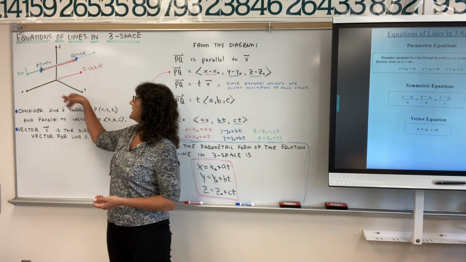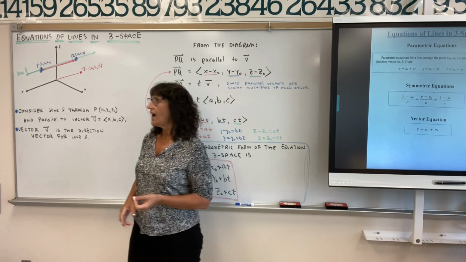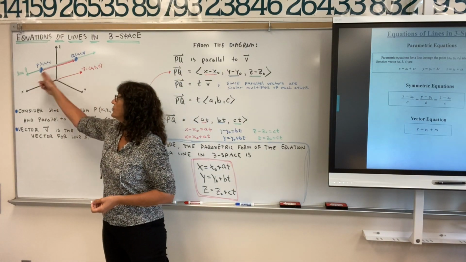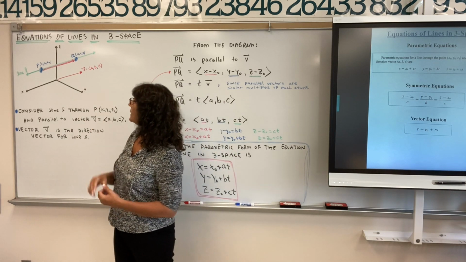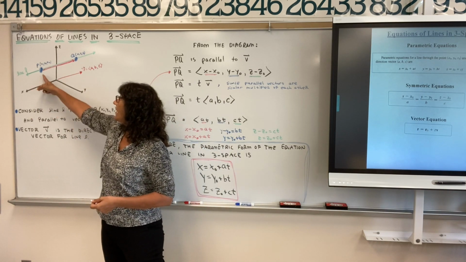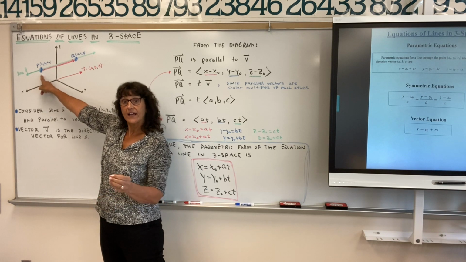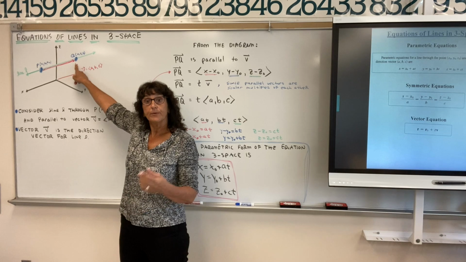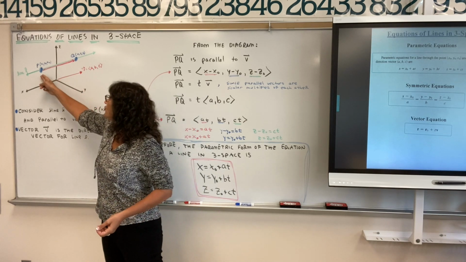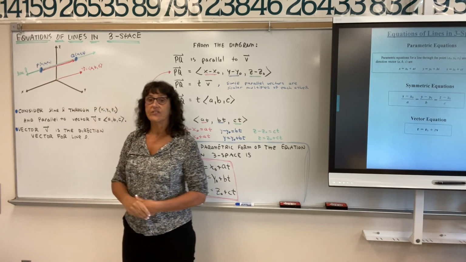Let's take a look at the XYZ plane. I have a line drawn on this plane in green, line L. On this line L, I have point P labeled as x sub 0, y sub 0, z sub 0. I have point Q labeled x, y, z, and I drew vector PQ in red so you can see that here.